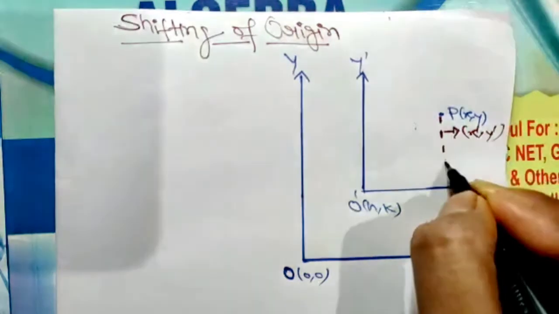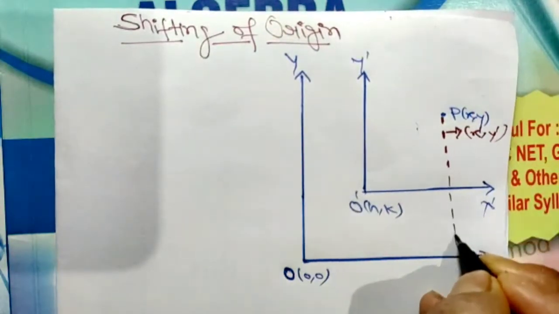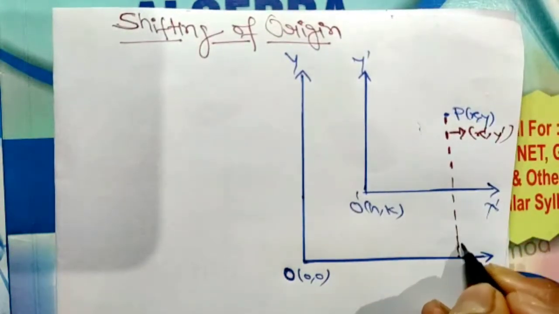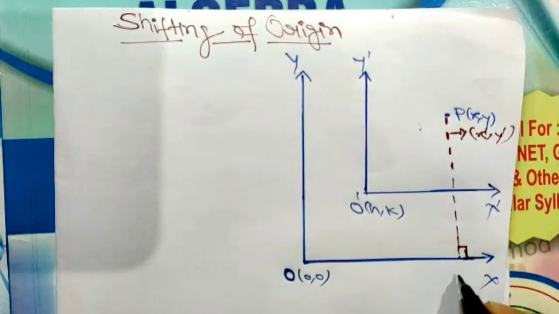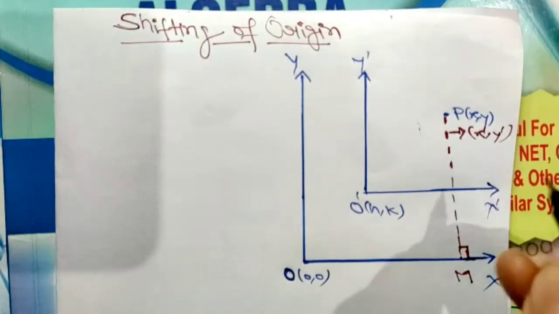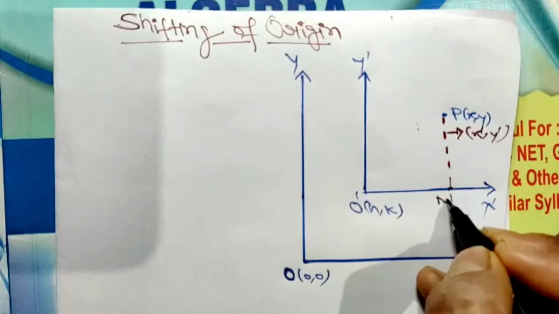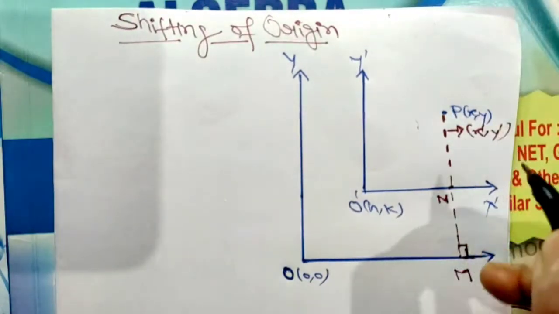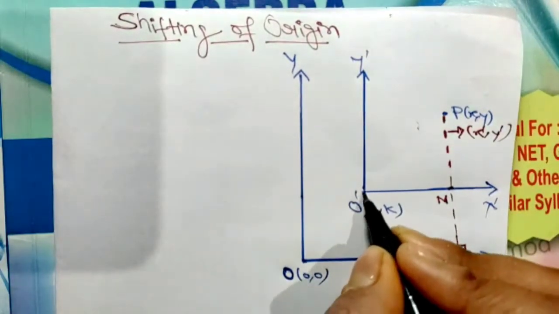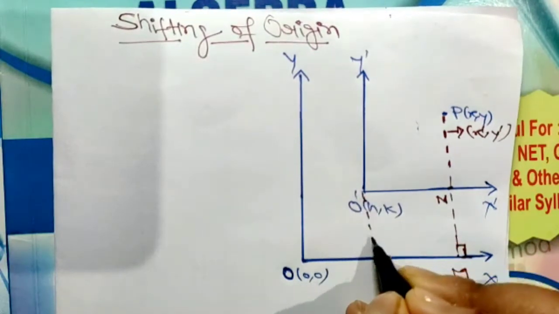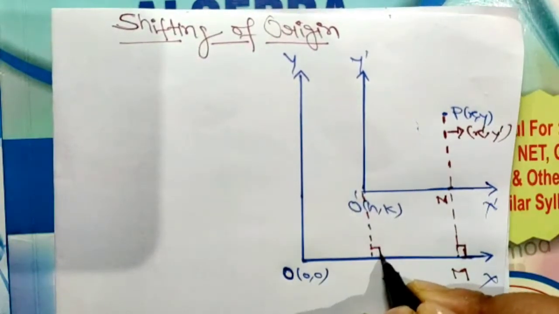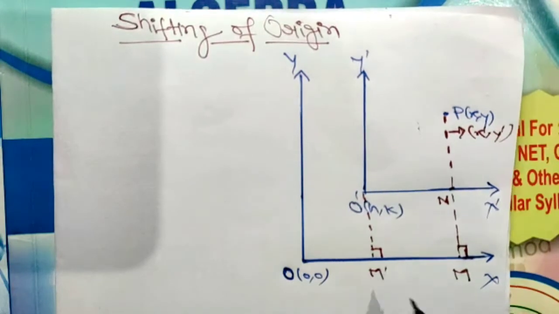We draw a perpendicular here at 90 degrees, name it M, and this point N, and we draw a perpendicular here also, and name it M dash.